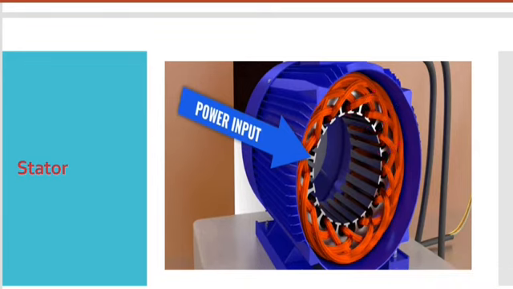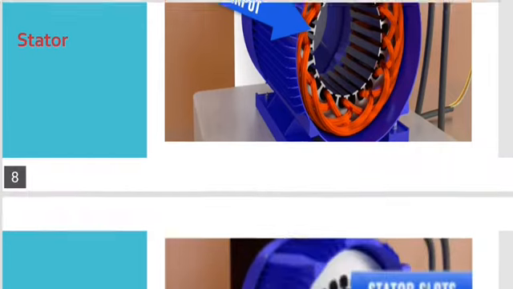The winding passes through the slots. You can see in this construction there are different slots given. These are the slots through which the winding passes. We will see another picture so you can understand it better.